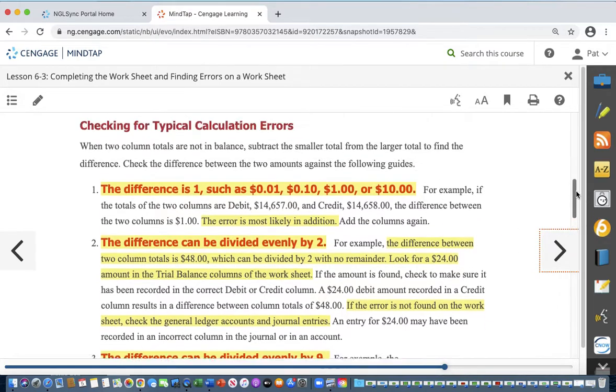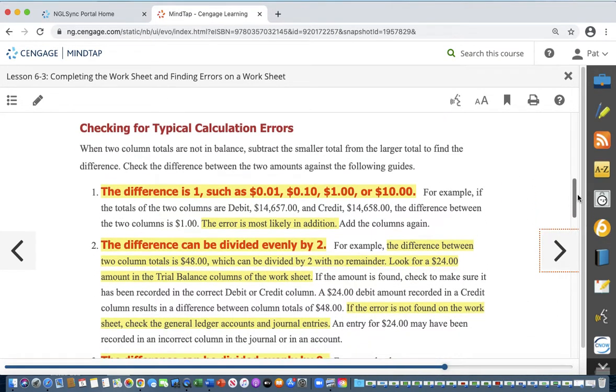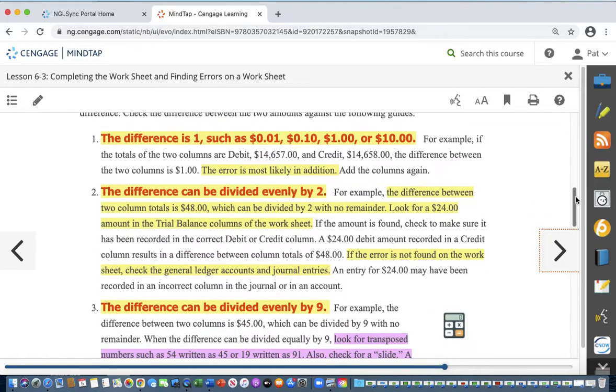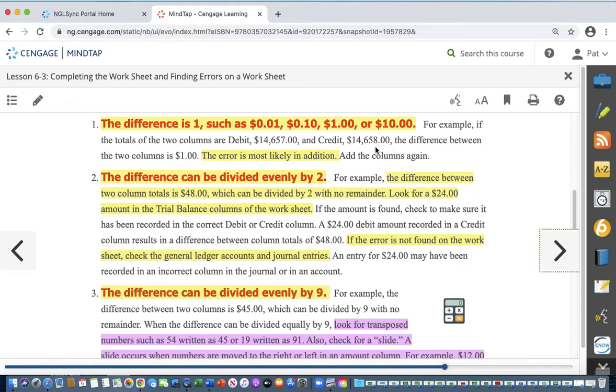These are some hints for calculating or correcting errors that maybe were made. So in other words, this is kind of like if you were self-reliant, on your own. If you were trying to fix an error, these are some quick little guides to help you.